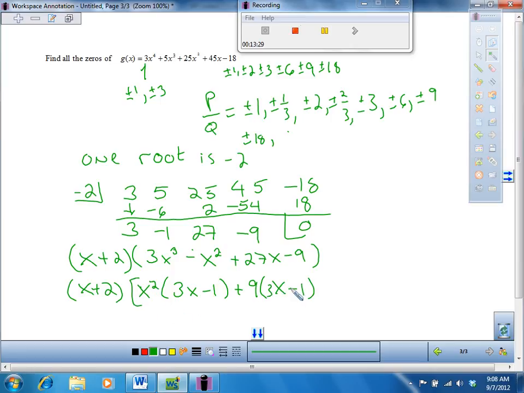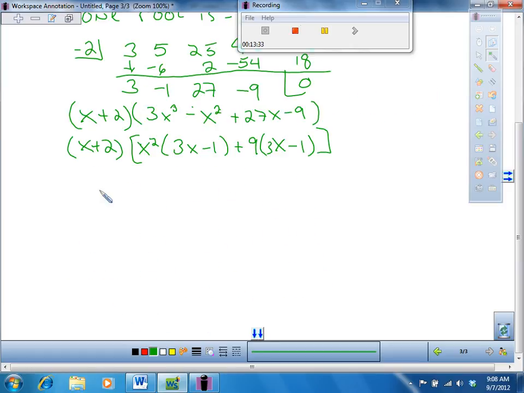Which I can rewrite now as x plus 2 times x squared plus 9 times 3x minus 1. You guys understand that? Yeah. Okay, I did factor by grouping.